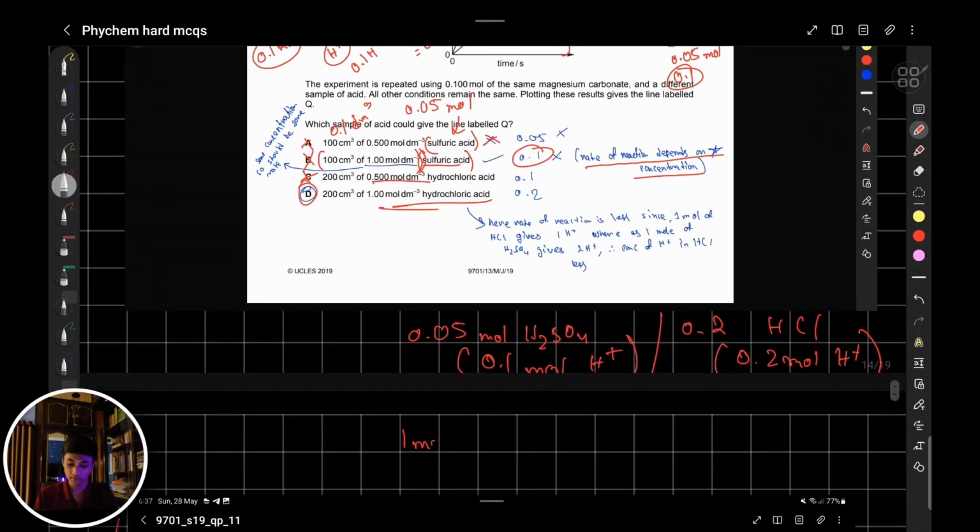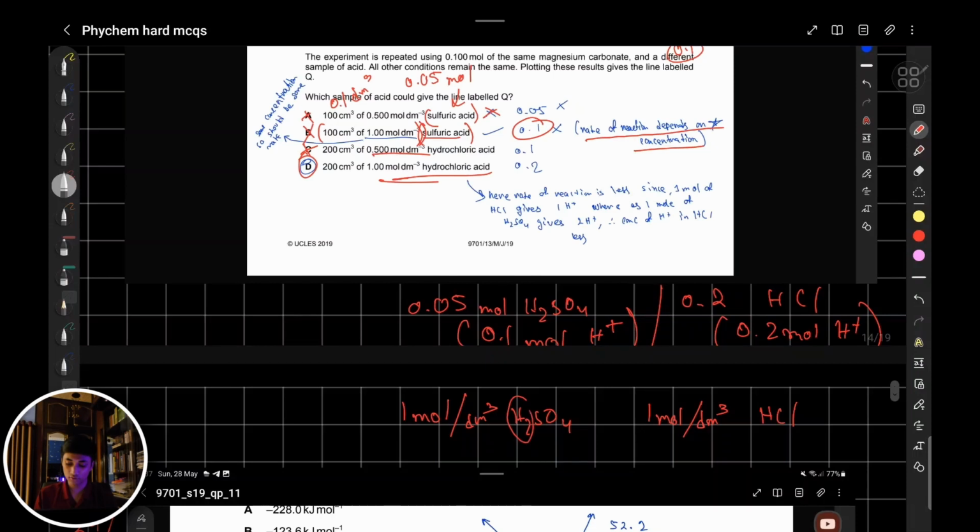Initially it was 1 mole per dm cube of H2SO4, and now it is still 1 mole per dm cube of HCl. But the concentration of H plus is different, because 1 mole per dm cube of H2SO4 gives you 2 mole per dm cube of H plus, but 1 mole per dm cube of HCl is only giving you 1 mole per dm cube of H plus.